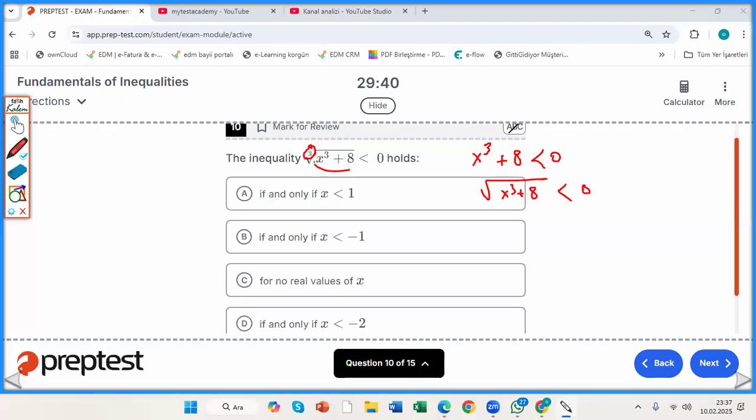But let me show you once again. The root is an odd number. That's why nothing changes. So x cube plus 8 is less than 0. Okay, so yes, we can say that x cube is less than minus 8. In other words, x is less than minus 8 is true for this question.